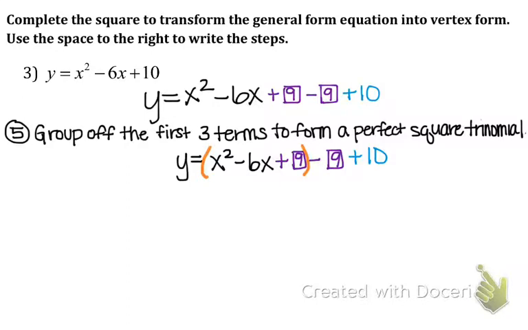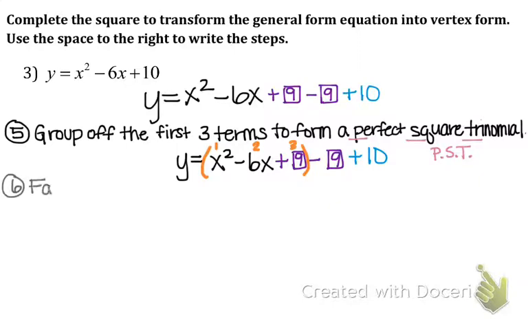So I'm going to insert parentheses before the x squared and right after my first box. This makes a perfect square trinomial because now we can factor this expression. This is called a perfect square trinomial. So from here we can see that we have grouped off first terms 1, 2, and 3. In order to factor this, just so you know, if I ever use PST, that stands for perfect square trinomial.